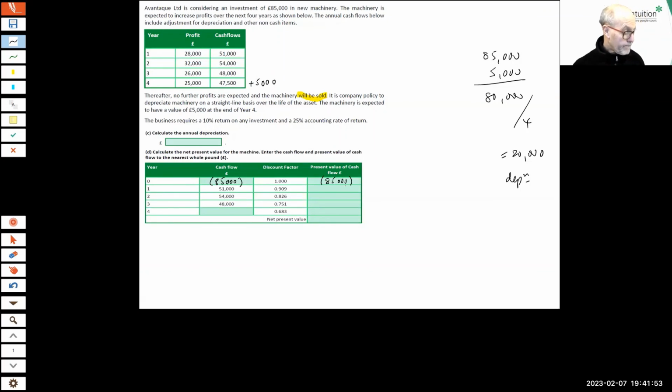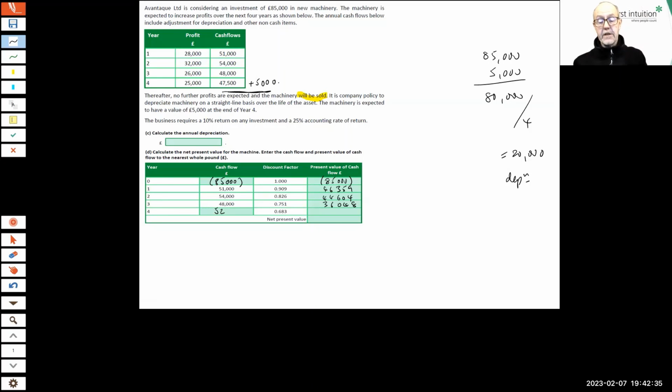Now, rather than rattle away on the calculator, 46,359, 44,604. Yep. 36,048. And remember, this final year, we've actually got to take into account the disposal proceeds. That's another very, very popular error. I wrote myself that note because that is so easy to forget.